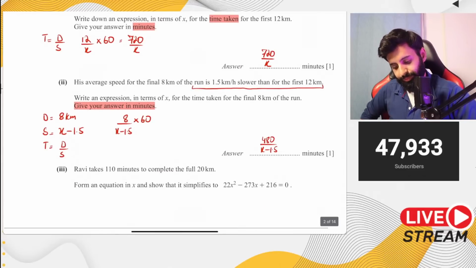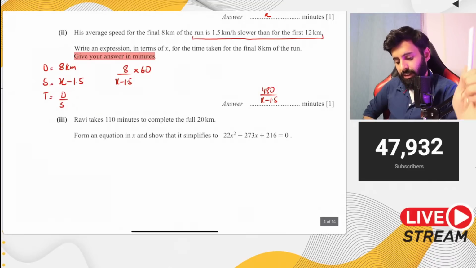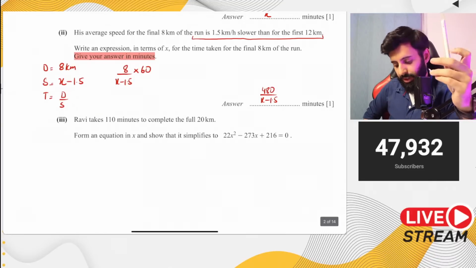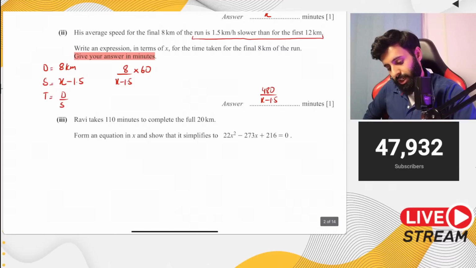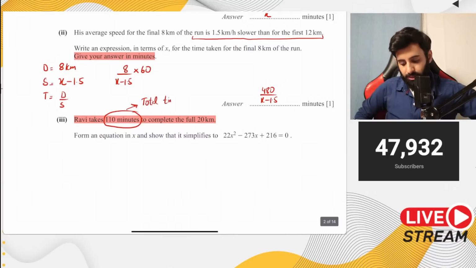Now, it says here that Ravi takes 110 minutes to complete the full 20 kilometers. So what do we need to find out? We need to find out the total time, and this 110 that you're given is actually the total time. So what are we going to do now?